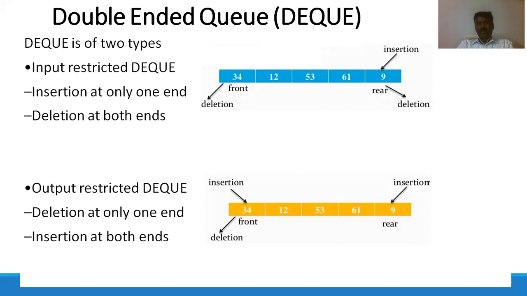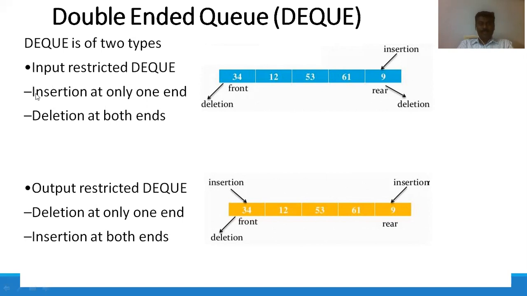Now a double-ended queue has two types. One is the input restricted DQ, and another is the output restricted DQ. What is an input restricted DQ?